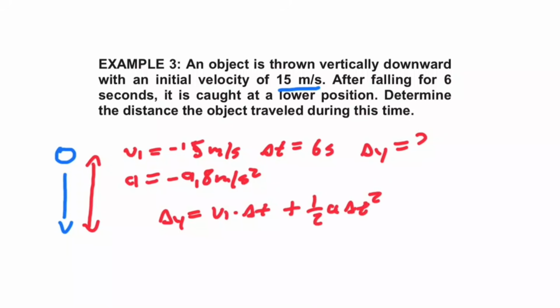Why am I saying so? Delta y is what we're interested in. We have vi, and we have the time and the acceleration also. So this is the right equation to use, okay? So let's go ahead and substitute. Delta y will be equal to vi, which is minus 15, multiplied by delta t, which is 6, right?